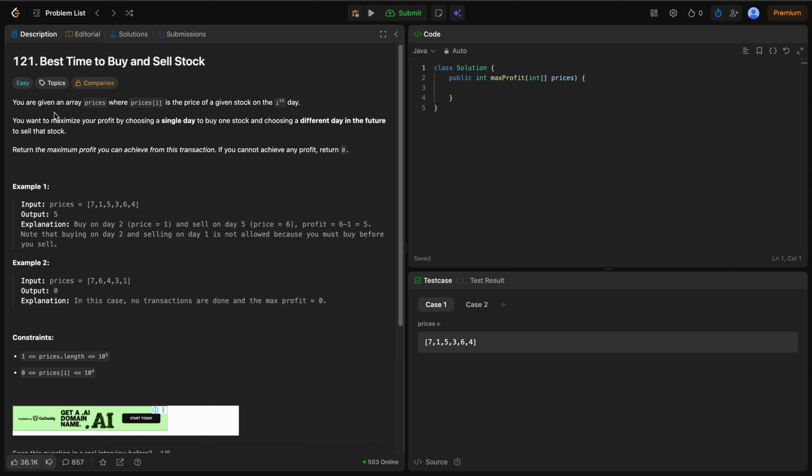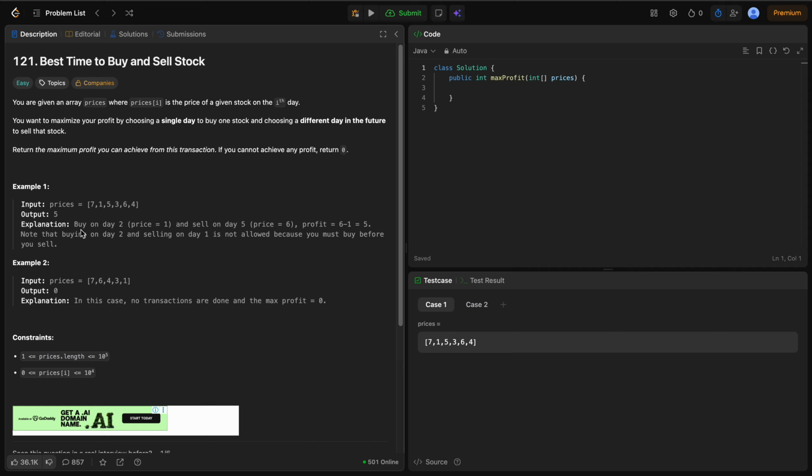So what they are saying is, here we are given an integer array which is called prices. Okay, where prices[i] is the price of a given stock on the ith day. So that means, let's say here the values are 7, 1, 5, 3, 6 and 4, right? So 7 is the first one. So the price of stock at day 1 is 7, the price of stock at day 2 is 1.